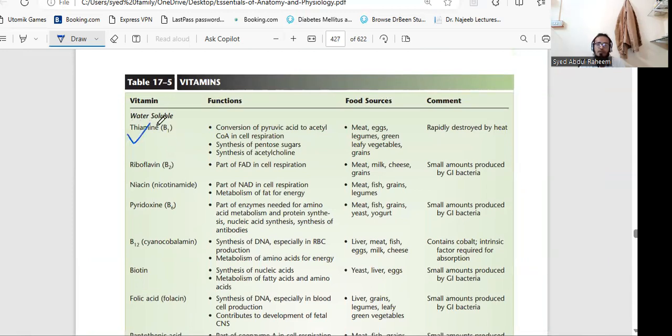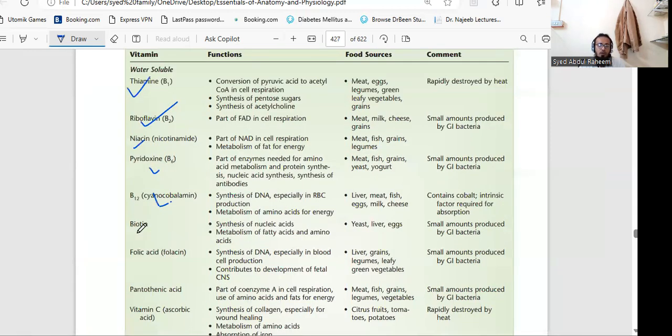We have vitamin B1. Here the functions and food sources are given. B2, niacin, B6, B12, biotin. Biotin is very much advertised to regrow hair.